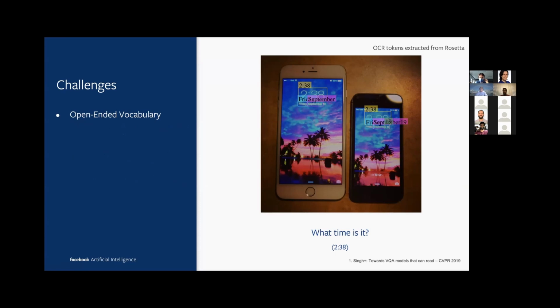Even if you had to predict the time of day, you would have 14 under 40 combinations just on the time itself. So this text literally can be anything. This open-ended vocabulary causes issues when you're doing predictions. Generally in QA systems, you have a fixed vocabulary from which you predict, so this was not applicable in this case.